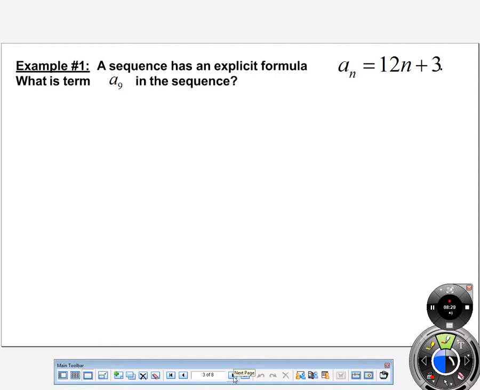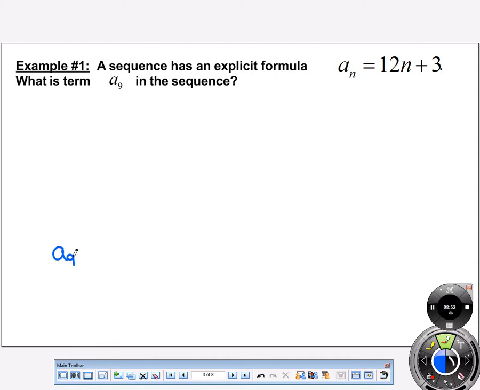So here they're asking us for A9. What are they asking for when they ask for A9? The 9th term in the sequence. Because I have that rule for the sequence, I just do the calculation. So this is the name, the 9th term. Notice that 9 is replacing n in the formula. Okay? Because it's not the nth term anymore, they told me.